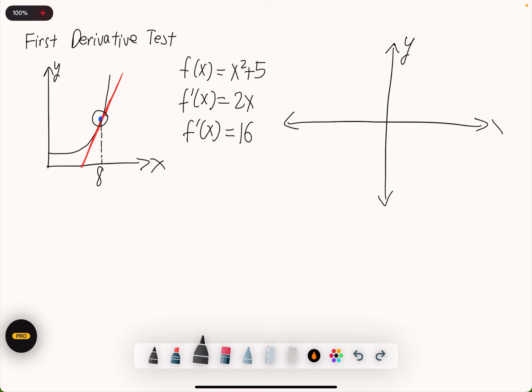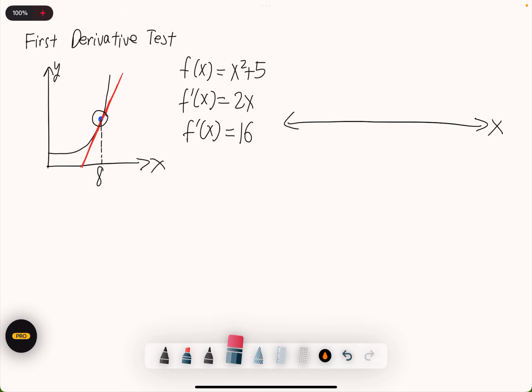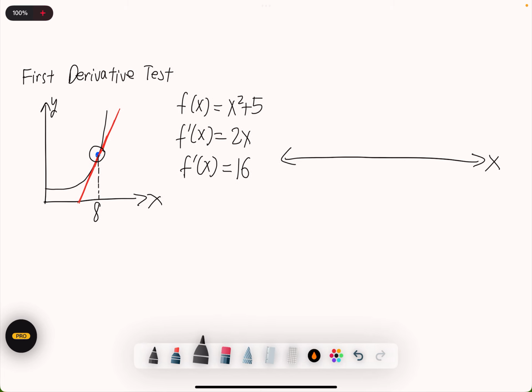Let me just make this a little more vertically stretched out. So say x was 8. Then I know that the derivative of f of 8 would be 16. So we can graph the point here, or maybe more here.